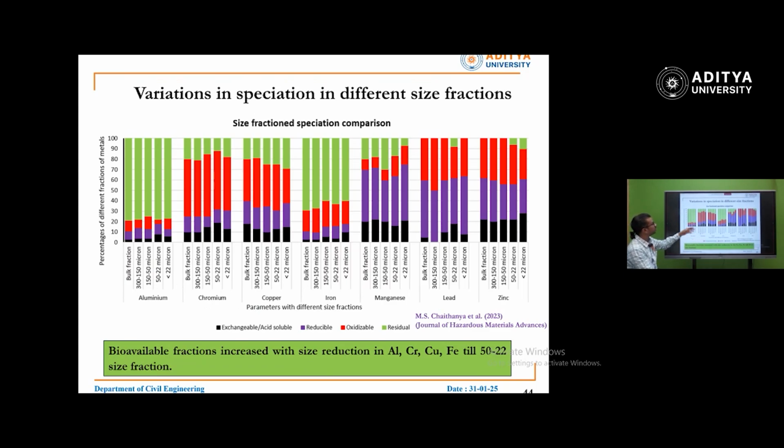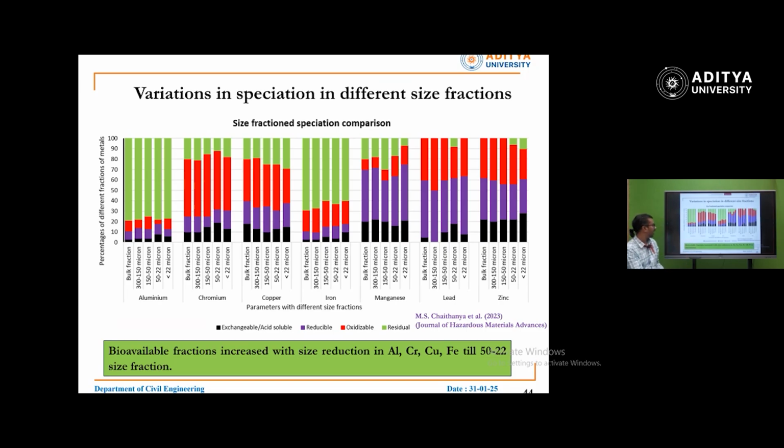So this is the speciation in different sizes. As you know from the earlier presentation, we graded the soil into multiple sizes. So in each size, what is the type of bondage of the particular metal, whether it is in exchangeable form or oxidizable or residual or reducible form.